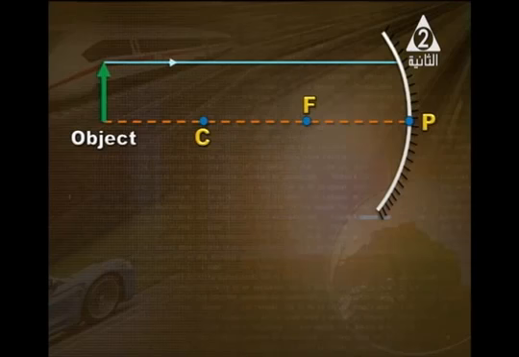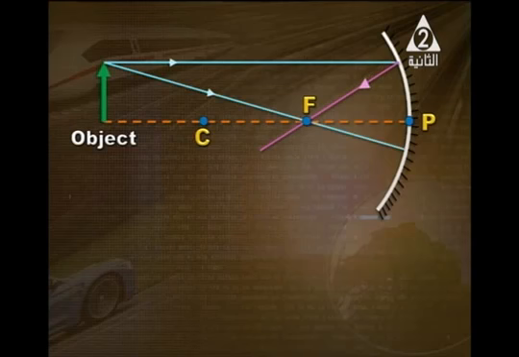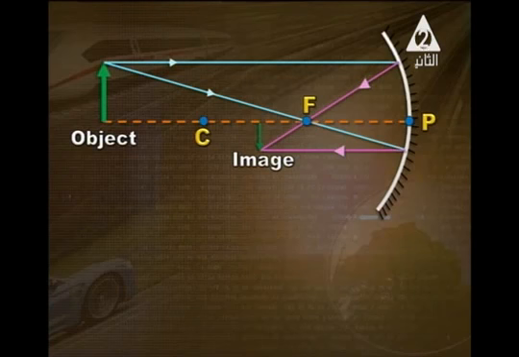This light ray will reflect passing through the focus of the mirror. Another ray, which passes through the focus, will reflect parallel to the principal axis, so the image is formed between the center of curvature and the focus.